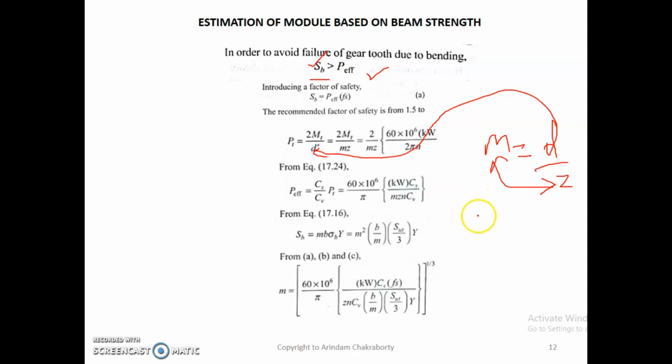It's a standardization used by scientists everywhere. After that, we have deduced the module this way, because we have to find the maximum allowable module, which helps determine the actual scenario. So what is that module? M is equal to 60 into 10 to the power 6 by pi, kilowatt, that is power.